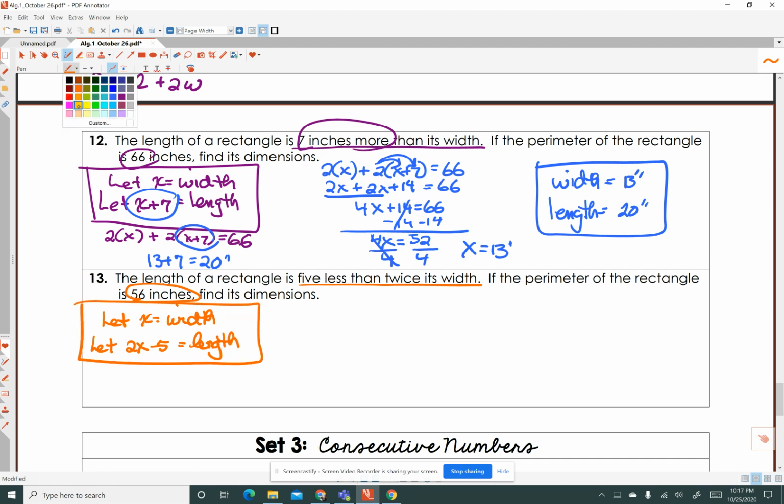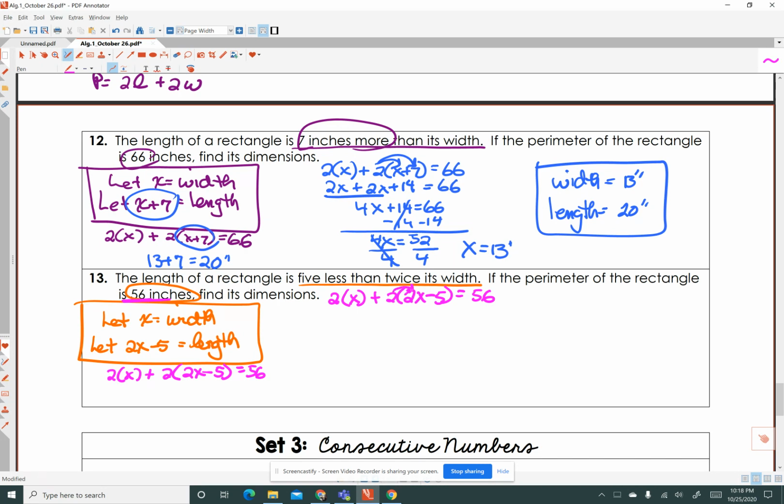Now remember, we need to craft our equation, which will be 2 times the width plus 2 times the length, and all of that will be equal to 56 inches. So let's rewrite that. 2x plus 2 times 2x minus 5 equals 56.